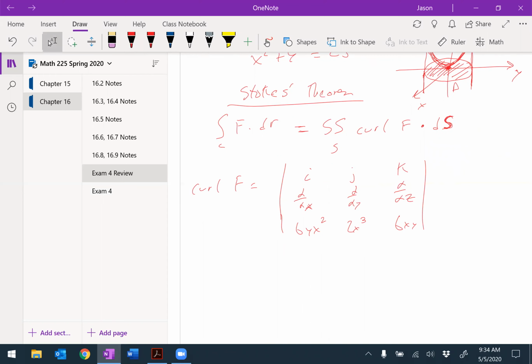Okay, so d/dy of 6xy minus d/dz of 2x cubed, i, minus d/dx of 6xy, minus d/dz of 6yx squared.